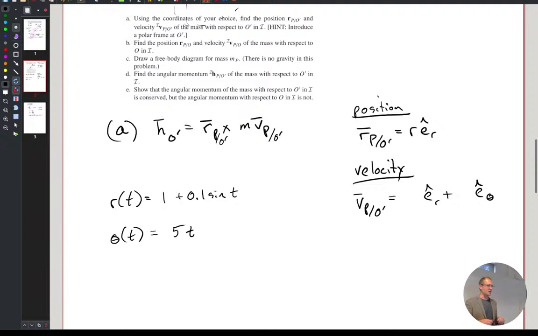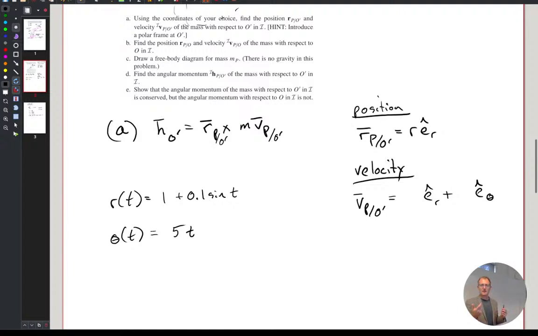I don't think this one will work, but it's something like this, where the radius is changing, coming in and out, and the angle just keeps increasing for all time. It's just spinning around in a circle. It's not increasing at a constant rate, but we don't have to worry about it. So if that's what's happening to this object, how fast is it moving?